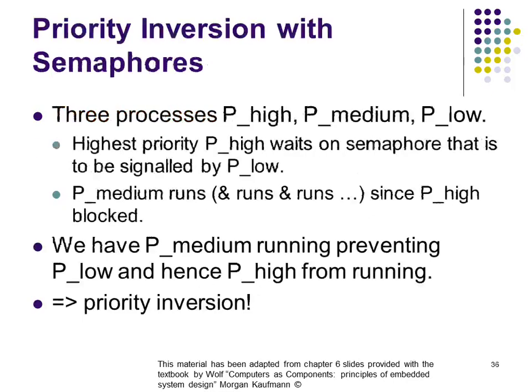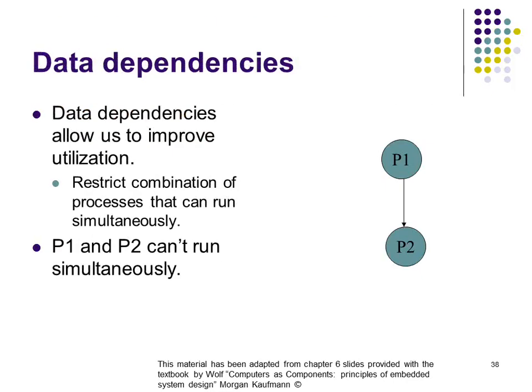Okay, priority inversion we talked about. Data dependencies, it's worth noting, can muck up any scheduler. Note that in all this RMS and EDF, we haven't considered that process 1 needs to complete before process 2 can start. So this is just our simplified model, and obviously if you want to perform an analysis with this kind of dependency, you need a more sophisticated analysis.